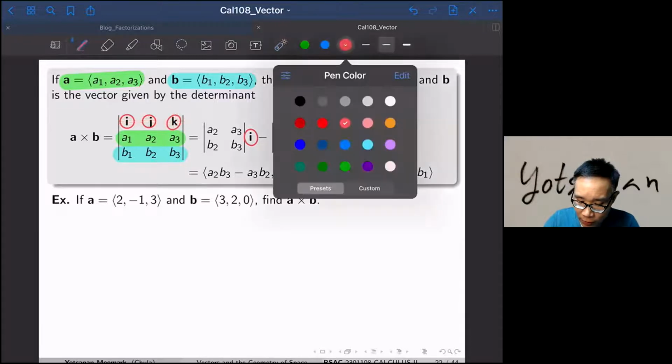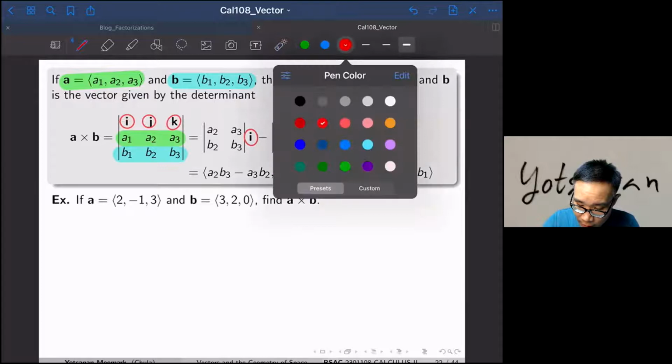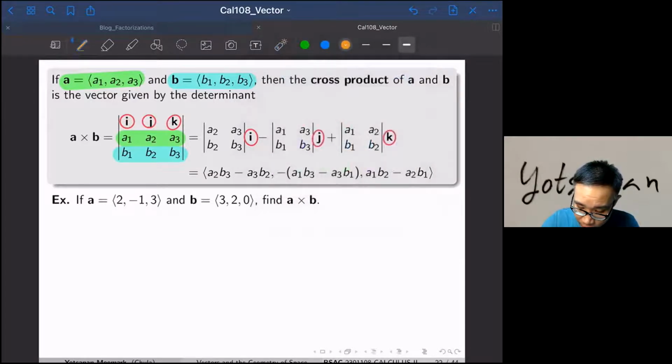However, the important thing is that you're going to have the minus sign here. Let me emphasize with a different color. Here you're going to have the minus sign, and here you're going to have the plus sign.